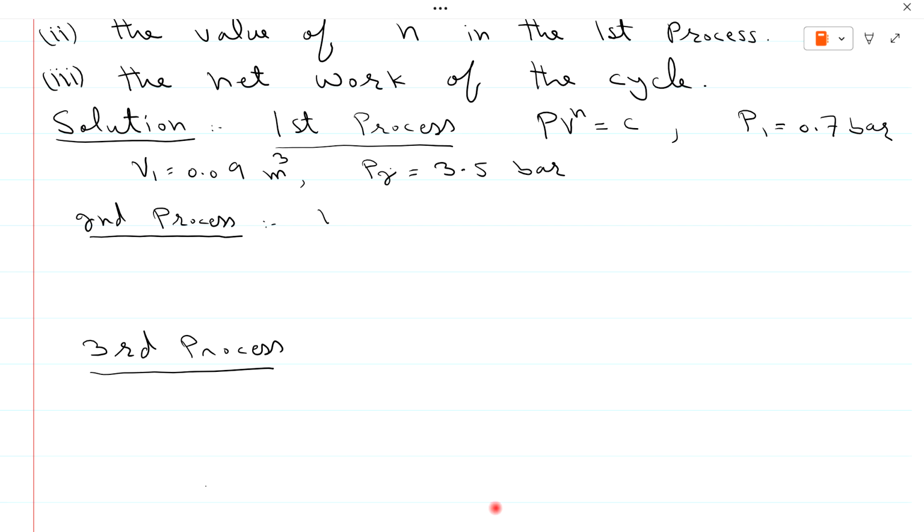The second process is a constant volume process, heating at constant volume, and in this process pressure is increased from 3.5 bar to 4 bar, and the specific volume is given. V3 is equal to 0.5 meter cube per kg.